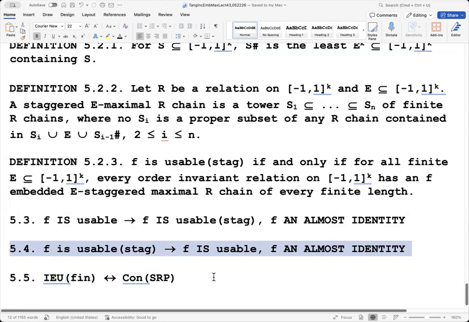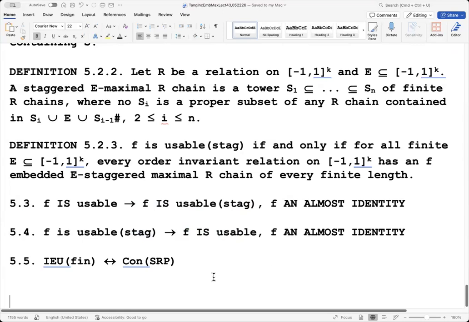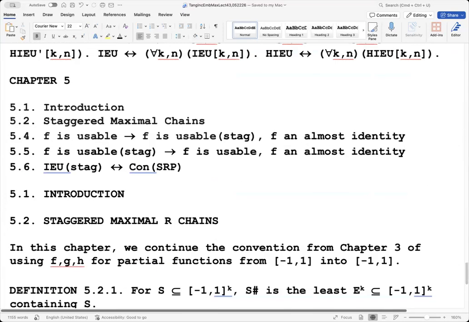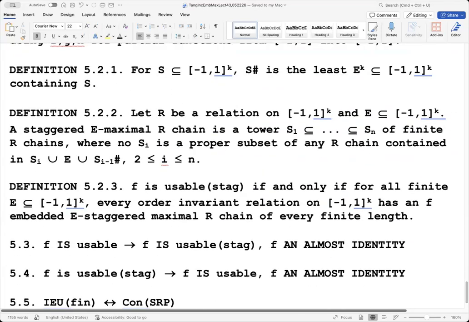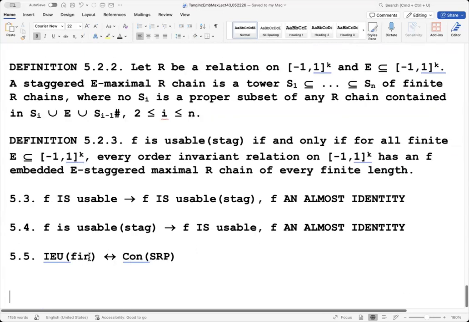Oh, so I have to tell you what IEU fin is. Where is that? Did I erase that? Oh darn. Okay. It's not called IEU fin, it's called IEU stag. So this is all screwed up a little bit here.